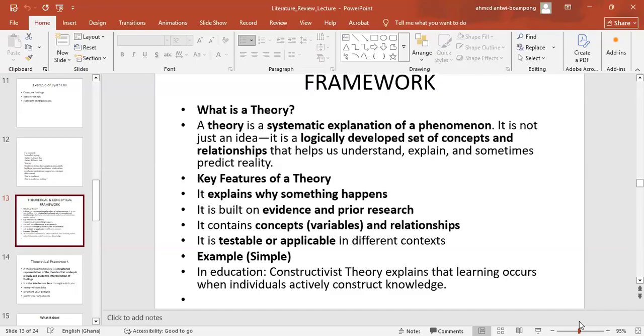For example, in the field of blended learning or technology adoption, we have the constructivist theory. It explains that learning occurs when individuals actively construct knowledge. The theoretical foundation of my teaching is constructivist.